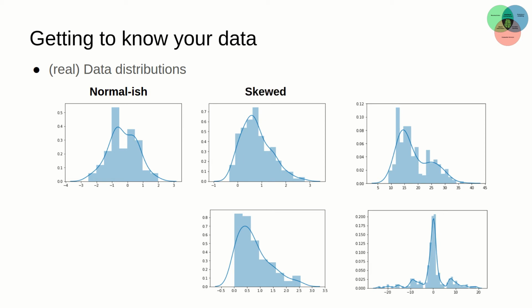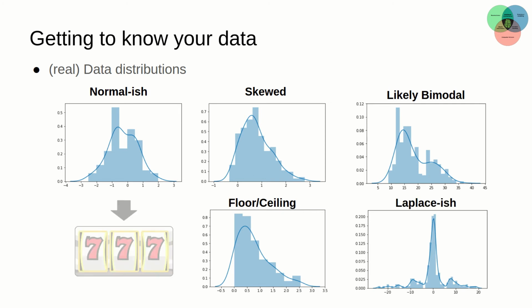Here is something that looks like a skewed distribution. Here is something that looks like ostensibly a bimodal distribution, probably a bimodal one. Maybe not though, but that's kind of what it looks like. And then here is something that looks like a floor/ceiling distribution, and something that looks almost like a Laplace distribution.